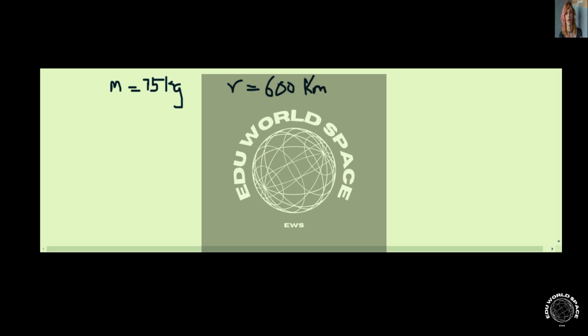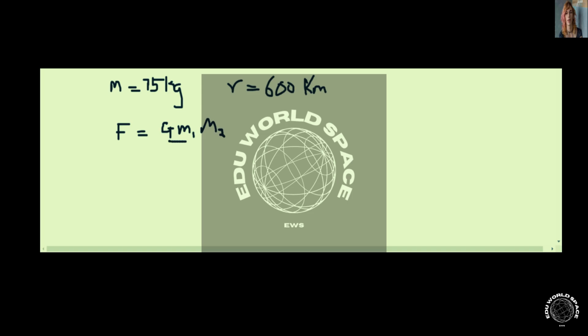Now, Sir Isaac Newton said that all objects are attracted towards each other by some amount of force. This force is proportional to the product of the masses of the two objects we are considering.